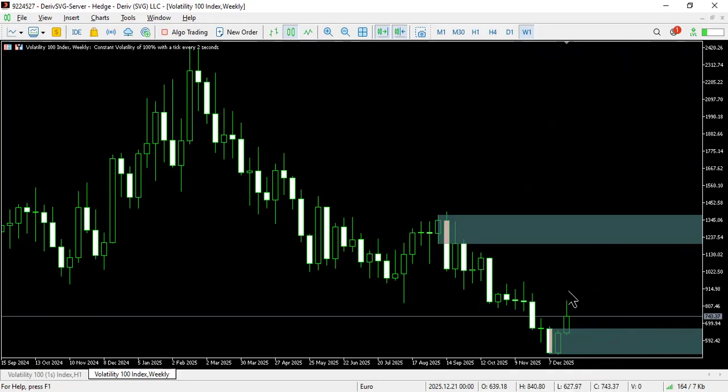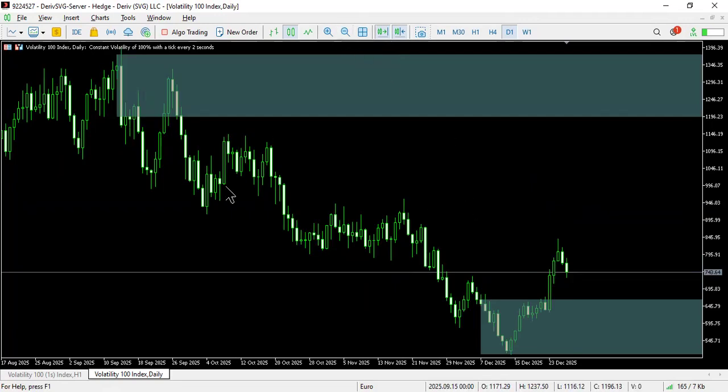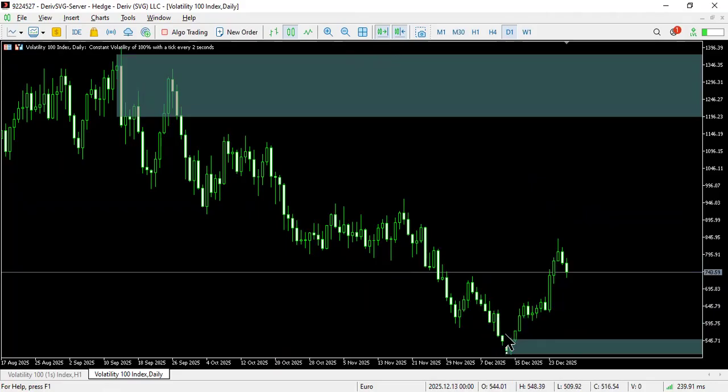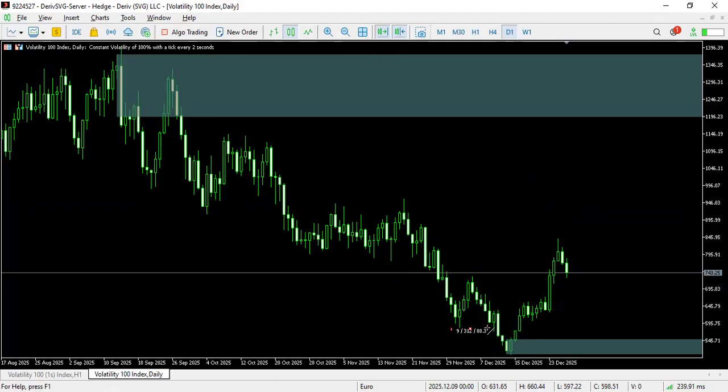So my bias for this week is going to be bullish, and I'm going to be waiting for buying opportunities simply because price is forming a demand zone right here. And if we study the price, we can see that was the last break of structure to the downside.